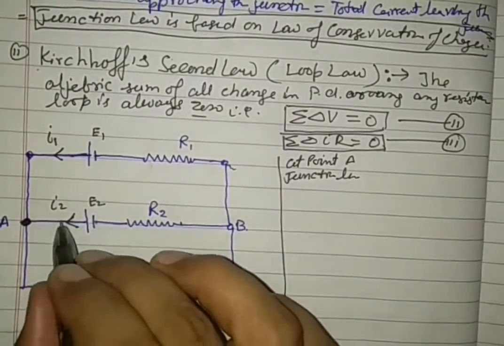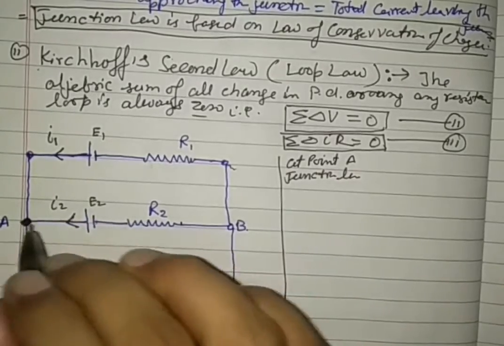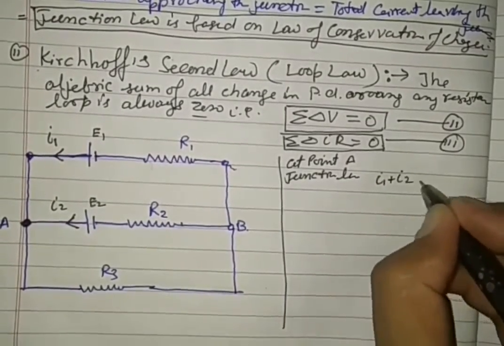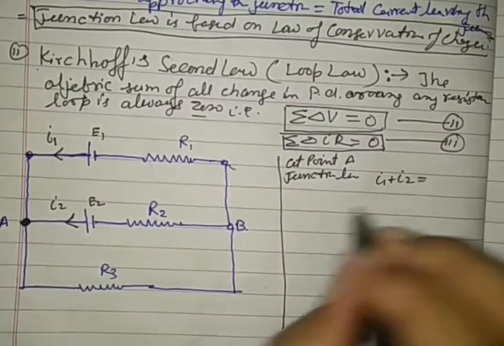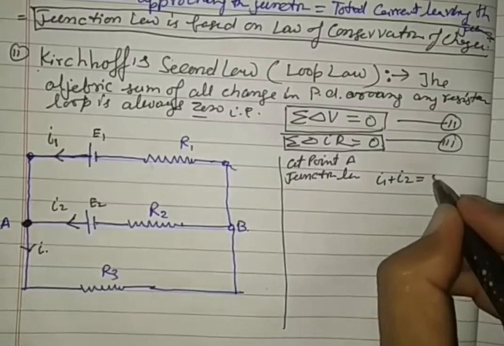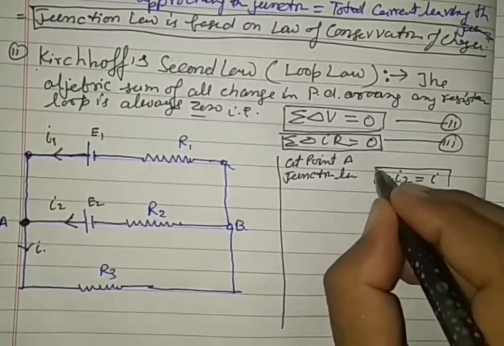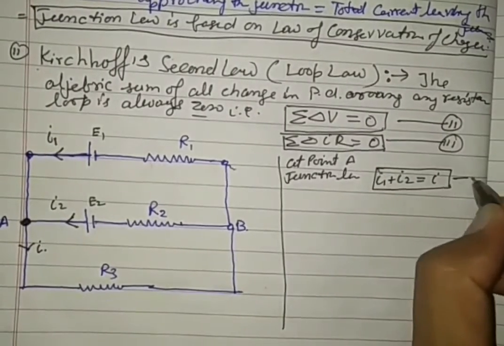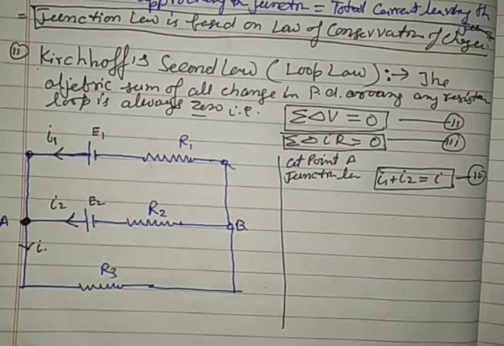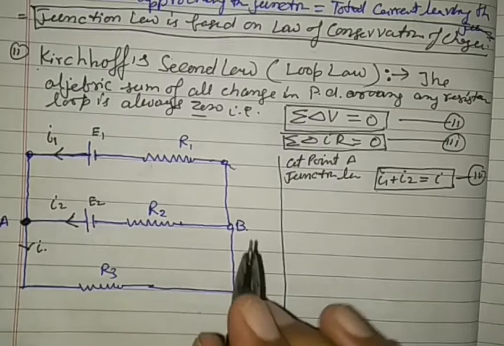That is, total current approaching the junction A, I1 plus I2, is equal to this current I here. So this is the junction law. Total current approaching the junction is equal to total current leaving the junction. It's clear to everybody. See very carefully.